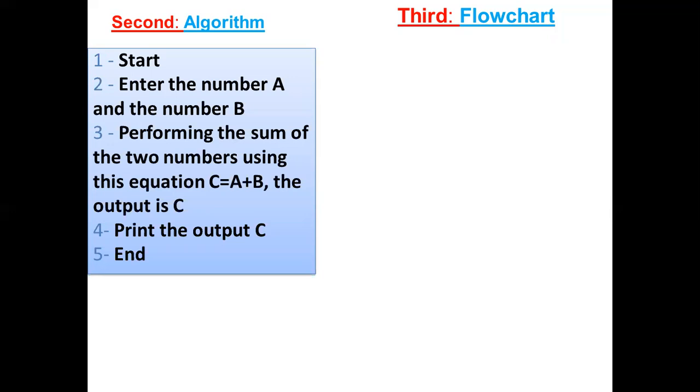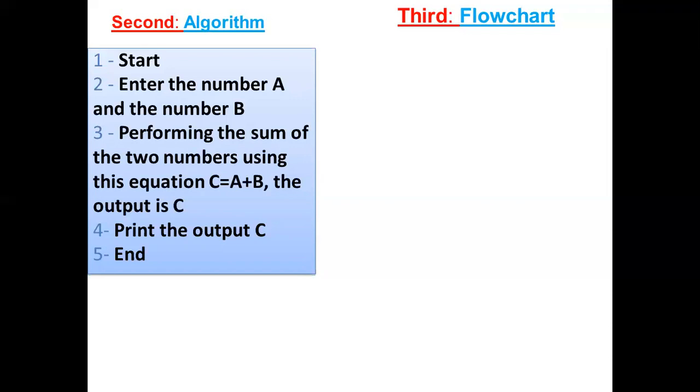Then let's do the solution and the process to achieve our goal. What is the solution here? Performing the sum of two numbers using this equation, C equals A plus B. The output is C. And then find the output. Print the output C. So I have finished now.